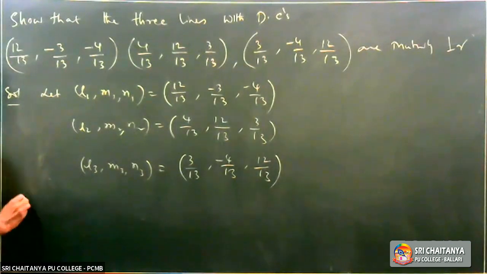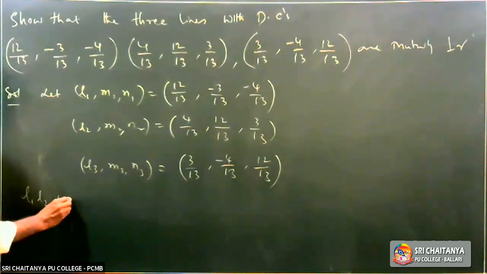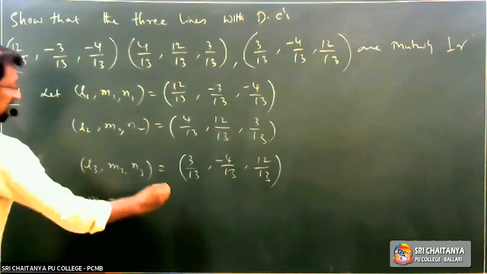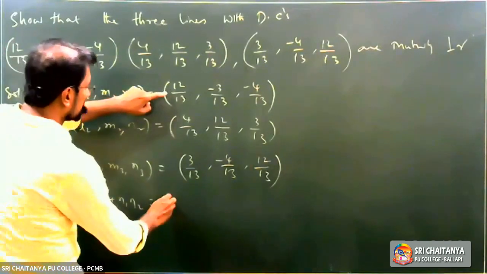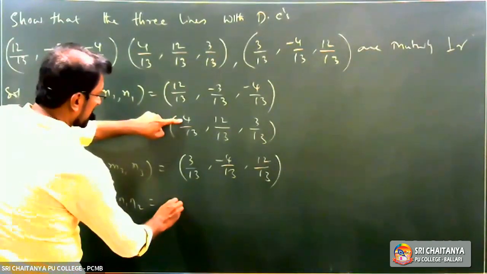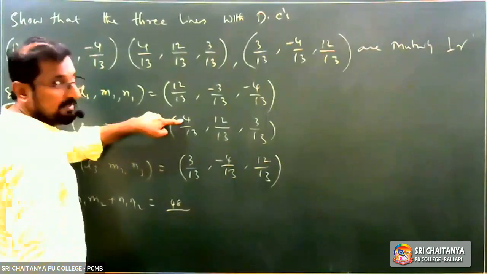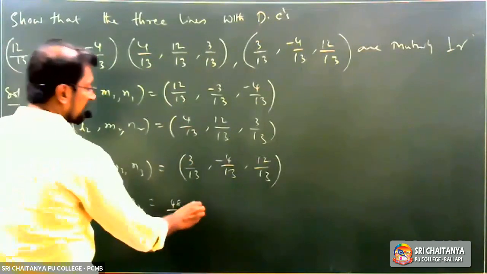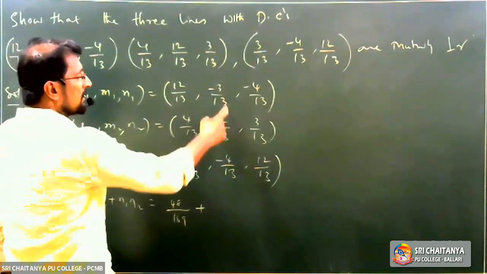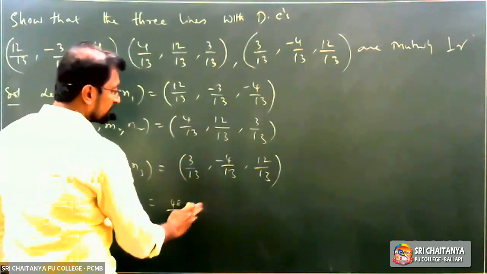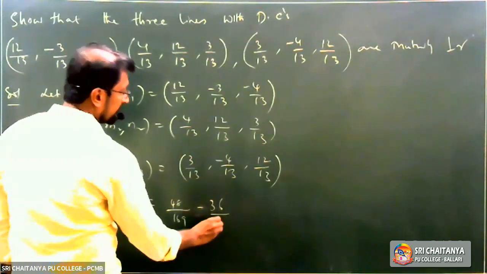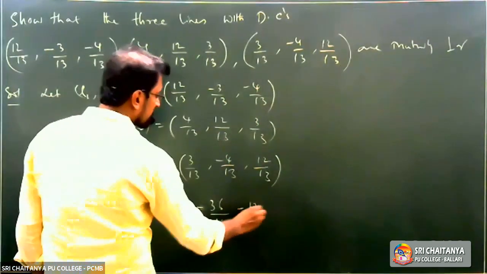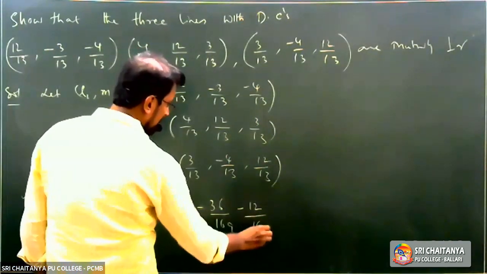Now find out the value of L1 L2 plus M1 M2 plus N1 N2. That means L1 L2, observe, 12 fours are 48 by 169, 13 into 13, plus 3 into 12, minus 36 by 169, minus 4 into 3, minus 12 upon 169.